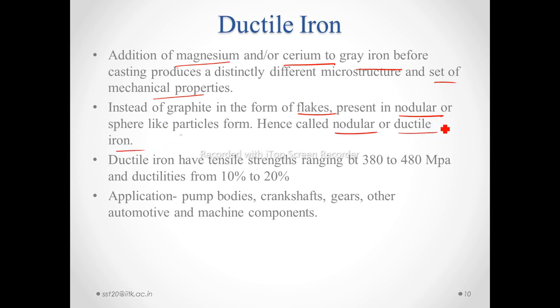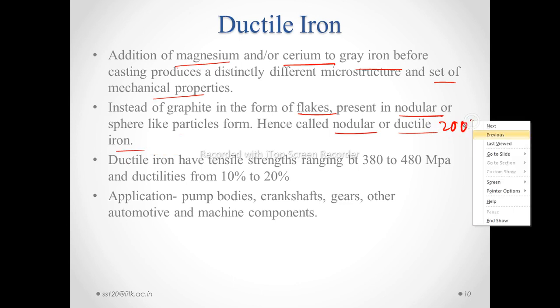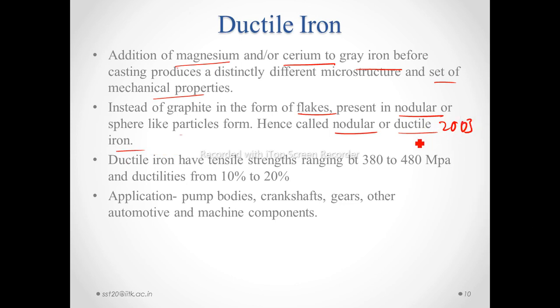This is the GATE 2003 question. Which one of these has more ductility? First one is grey iron, second is cast iron, third is nodular iron, fourth is... second is nodular iron, third is ductile iron, fourth is both 2 and 3.